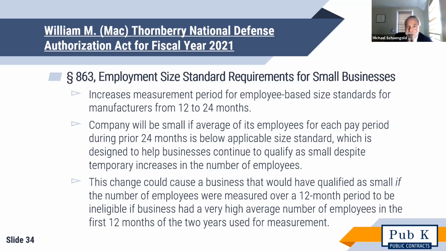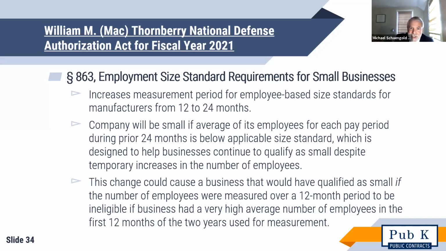That act did not impact size standards for manufacturing contracts, which are based on employee count. Section 863 now extends the period of measurement for employee-based size standards for manufacturers from 12 to 24 months.